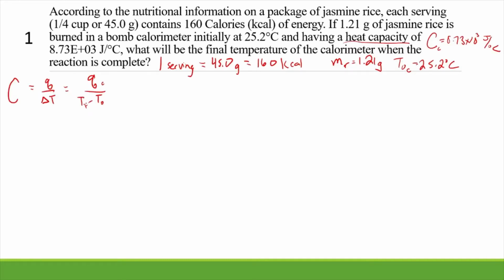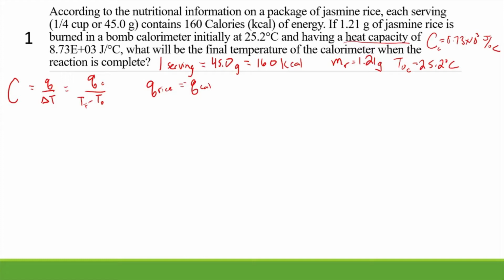And one thing that we also know is that the Q of the rice that it lost is equal to the negative Q of the calorimeter. Because remember, the heat that one thing loses is equal to the heat that the other gains, or Q cal is equal to negative Q rice. Either way, but we're focusing on the absolute value here.